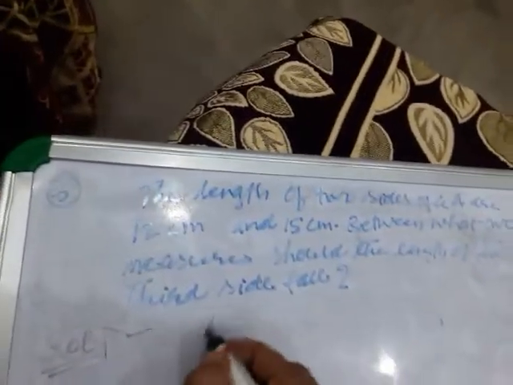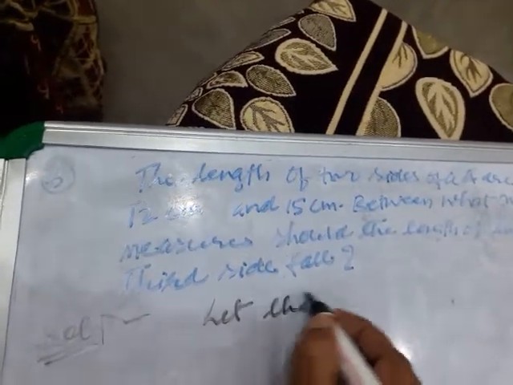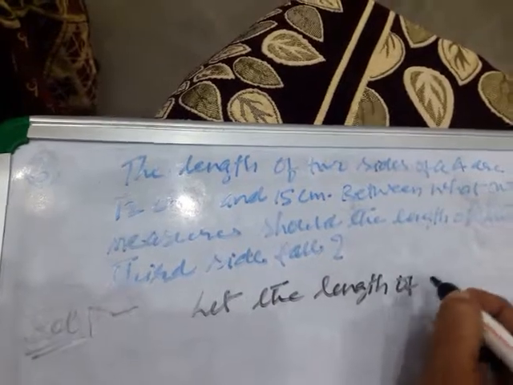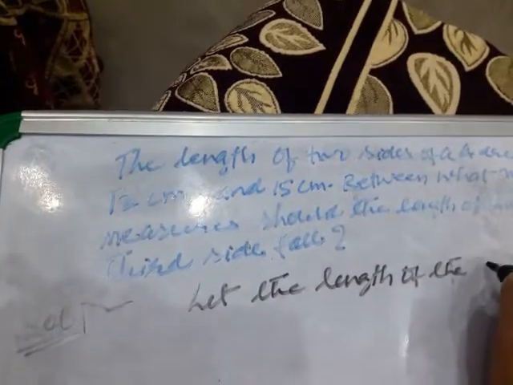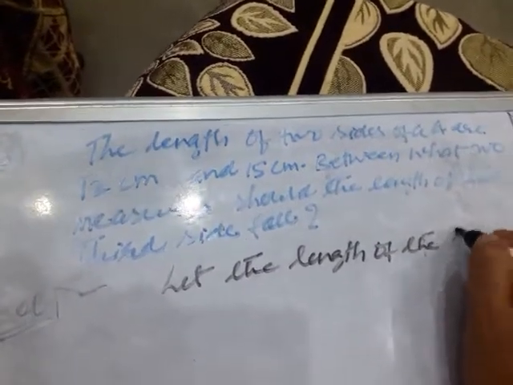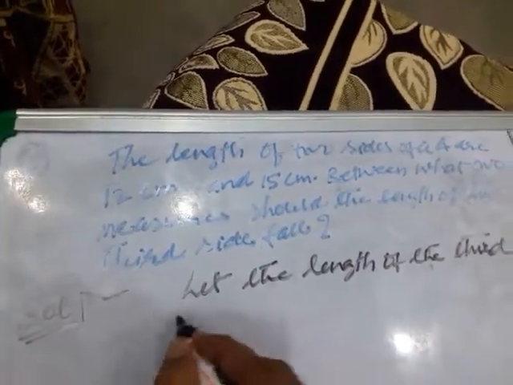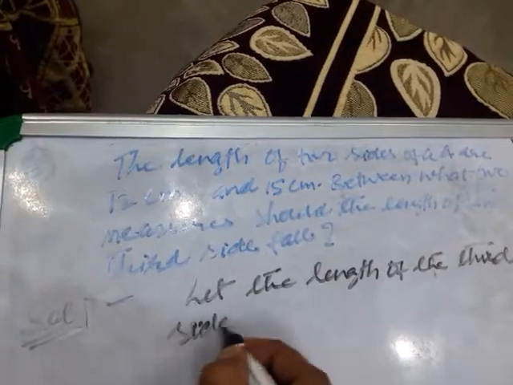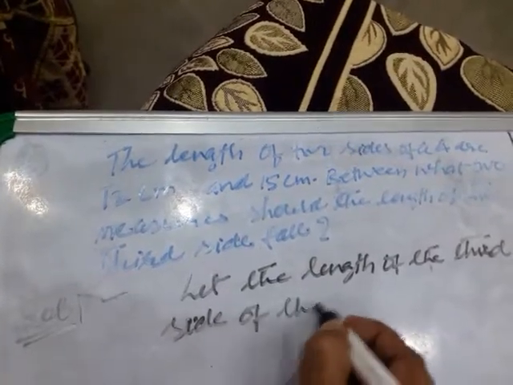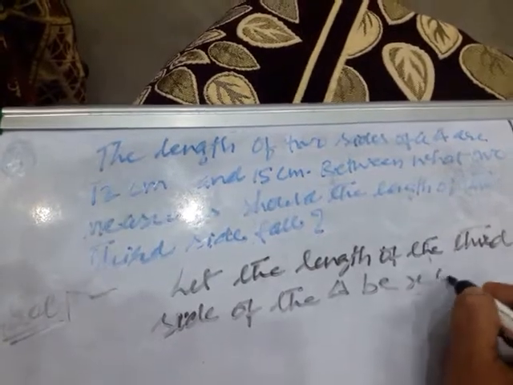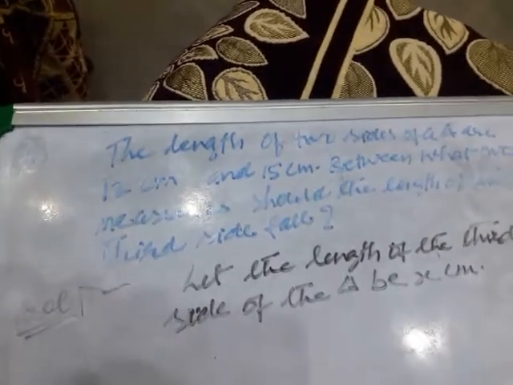Here, let the length of the third side of the triangle be x centimeter.